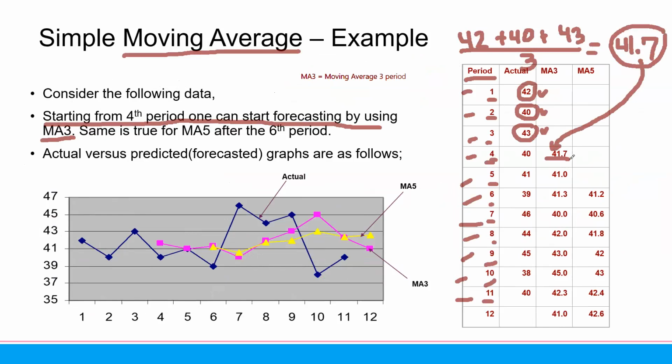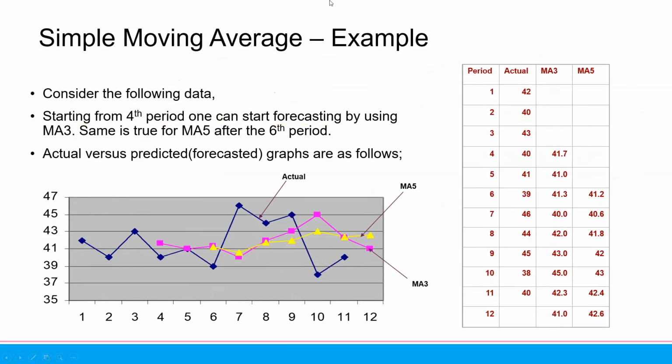Okay, so we get the value 41.7. How can we get this value 41? Since we know that this is the MA3, then the 41 is from 40 plus 43 plus 40, divided by 3.